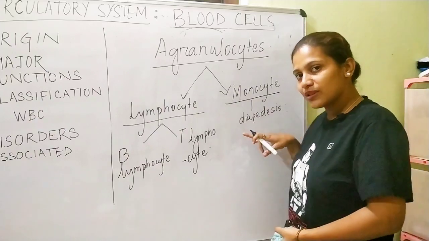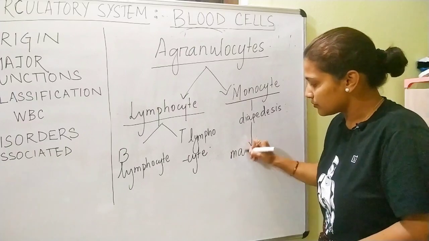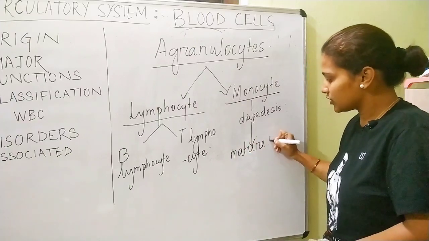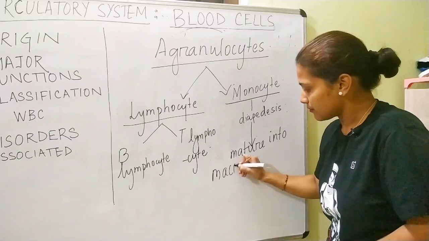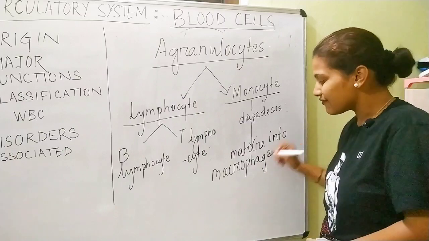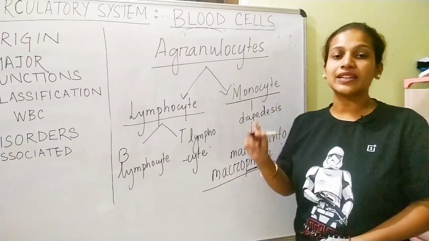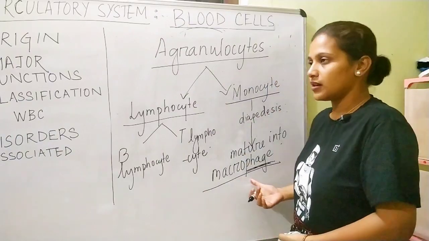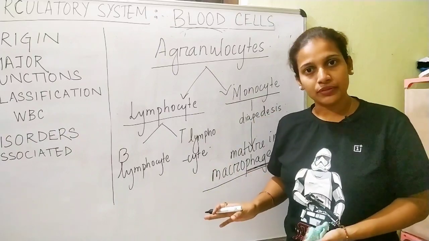Once it has performed this, it will mature into a macrophage. And what is the function of macrophage? Phagocytosis. I hope this agranulocyte portion is clear to all of you.